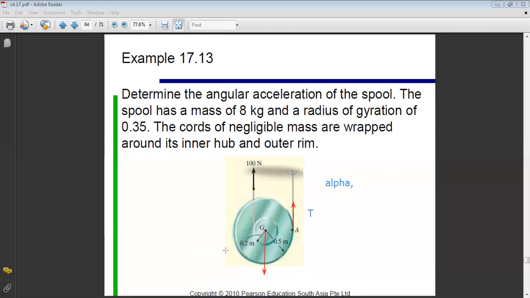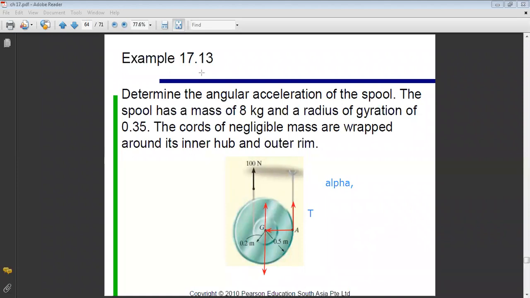Because in case of rolling without slipping, the velocity of the center is equal to R omega, and it will be along a straight line because the distance between A and G is always constant. So G will move on a line that is parallel to the cable, and because the 100 Newton force is upward, I will have rotation of the disk in the clockwise direction, and acceleration of G will be upward.